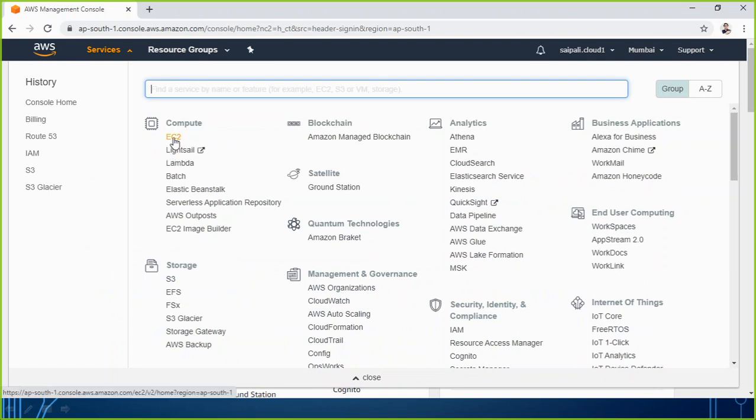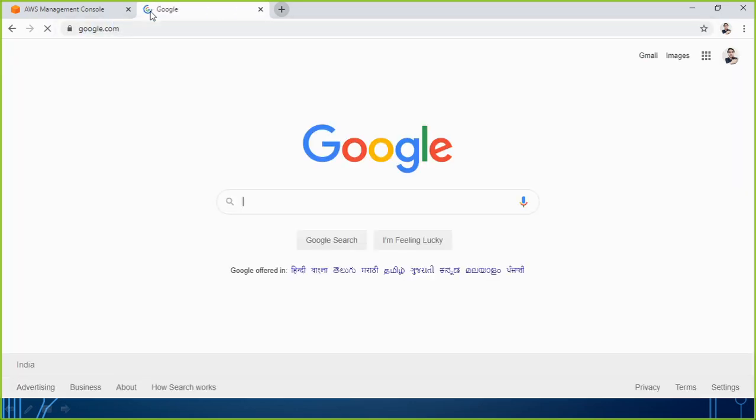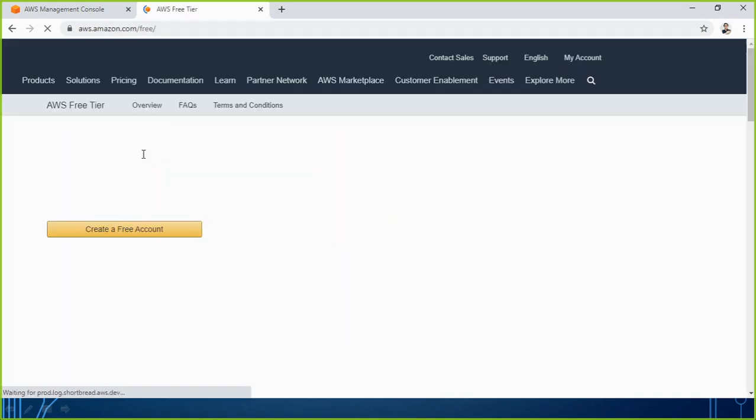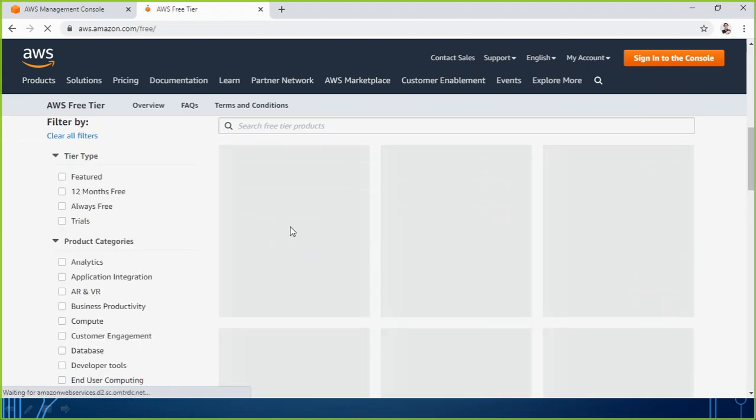So creating a service, generally you will get the option from here, but for details on how many hours are free, how much storage you are getting when using the storage services, I already gave you the method: you can simply go to Google and look for AWS free tier. It will give you a link to reach the AWS free tier. From there you will be able to see the details on every service, how much they give you for free.